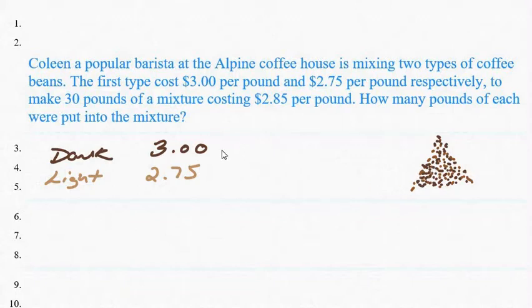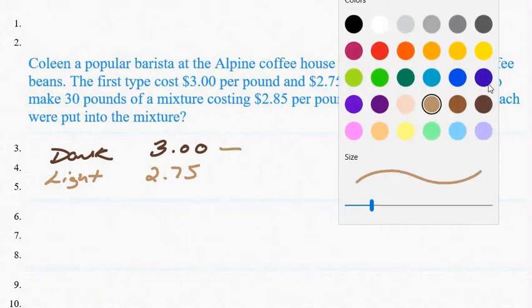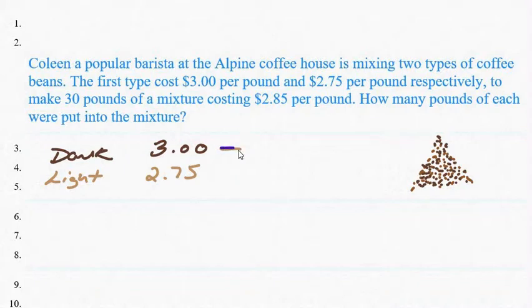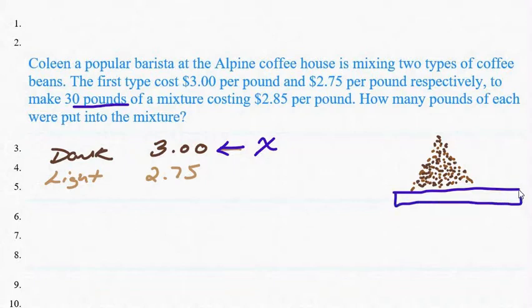But what we're going to do here is, let's go back to another color. We'll call this the dark x. This is going to be the unknown number of coffee beans, and of course it's in pounds. So this whole thing right here weighs 30 pounds.